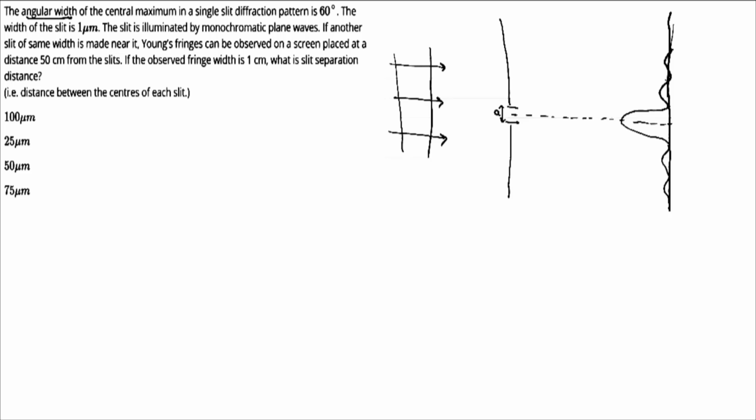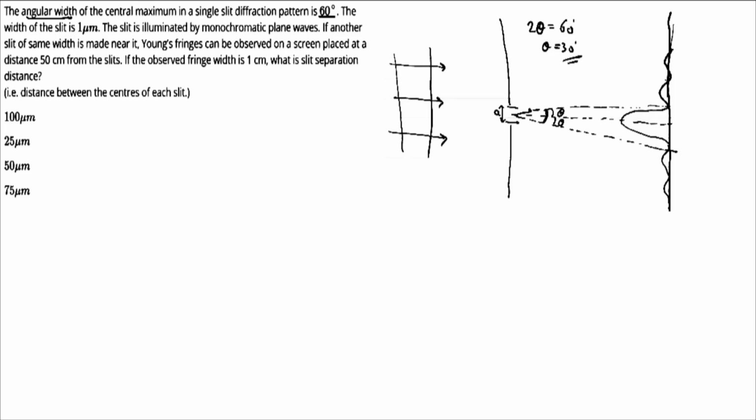The angular width is given, which is 60 degrees. This is the angular width given to us, and this is theta, so 2 theta is 60 degrees. Therefore theta is 30 degrees.